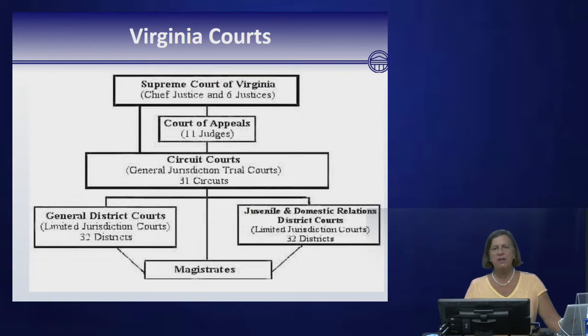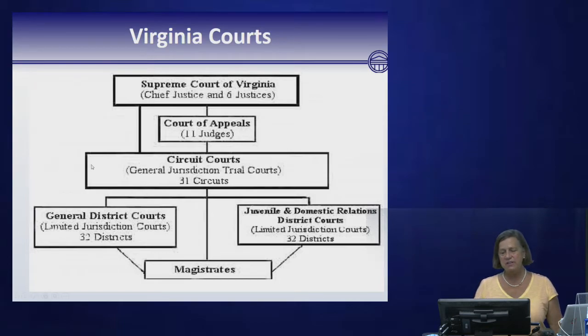The Circuit Court hears criminal matters. It also hears civil matters. It hears appeals from the General District Court. And from the Circuit Court, you may appeal to the Court of Appeals. The Court of Appeals probably is as far as you'll get to go if you are involved in a dispute.